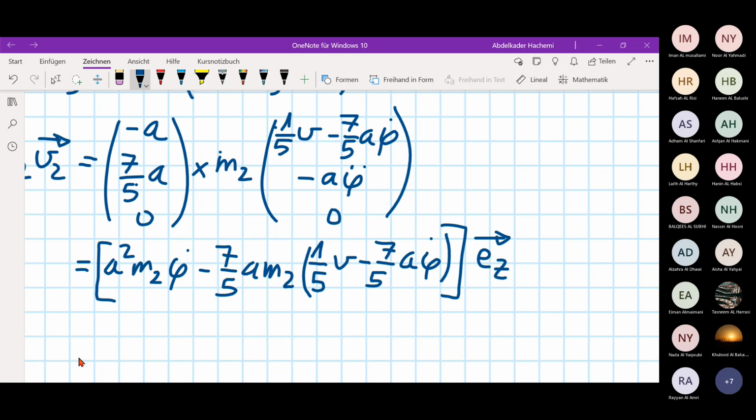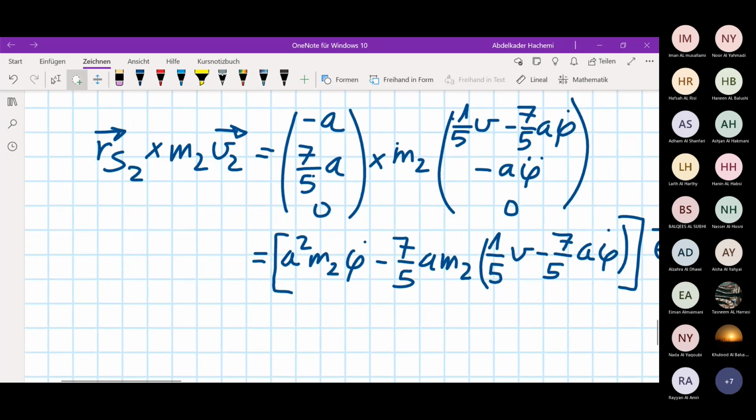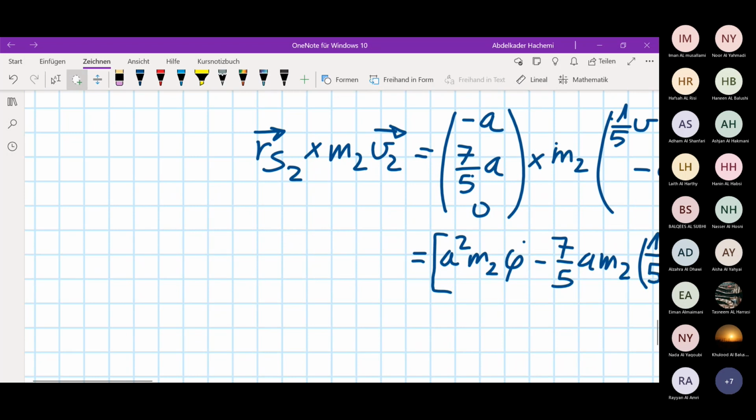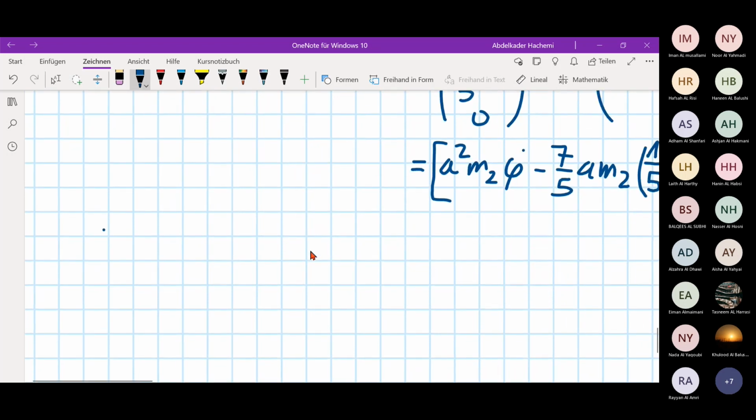Okay, now if we look to the third product, R S3 cross M3 V3.